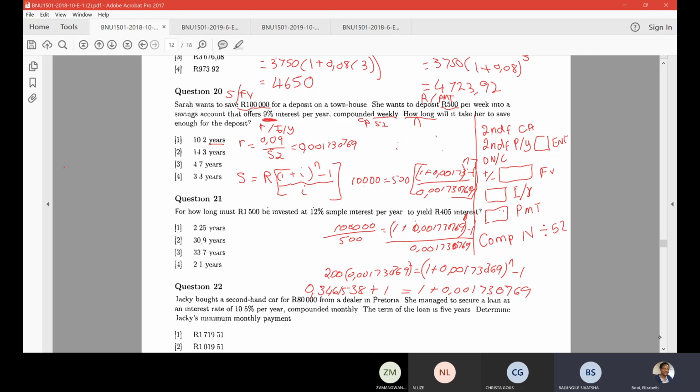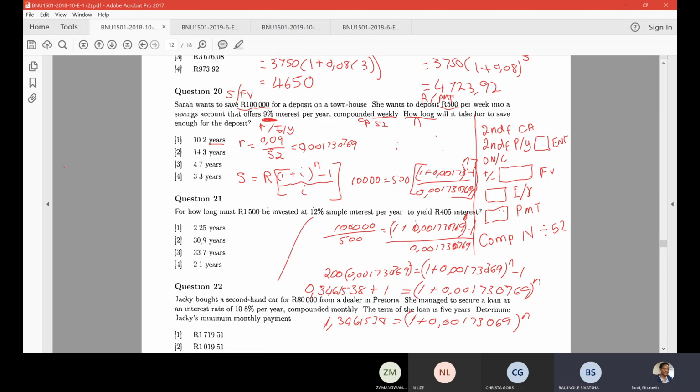And the answer this side was 1.346158. And this side is to the power of n, and this will be 1 plus 0.001730769 to the power of n.